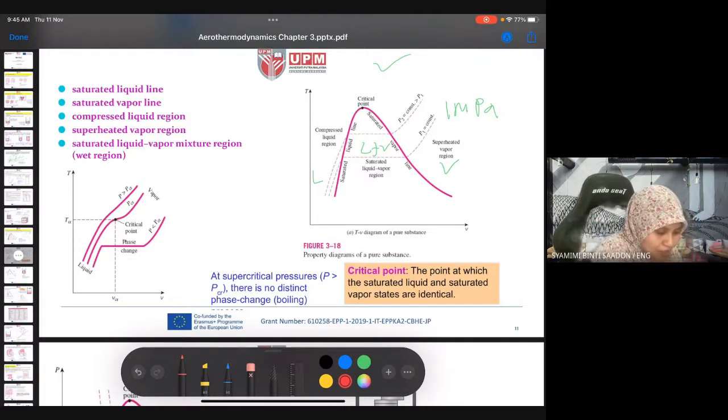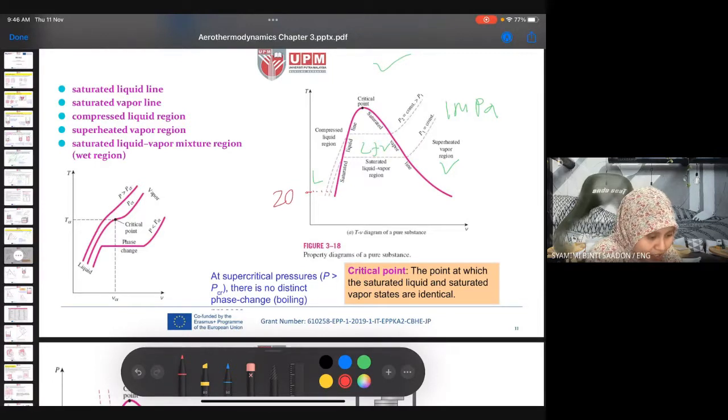For example, if the water is at 20 degrees Celsius, the water will reach saturated liquid at a pressure, for example P1 is 1 megapascal, but at this line it should be lower, maybe around 0.8 megapascal.